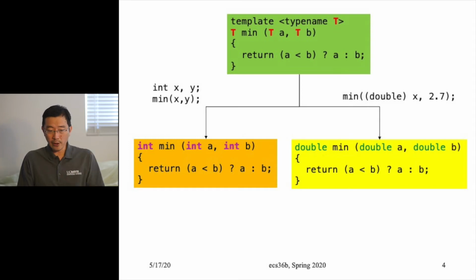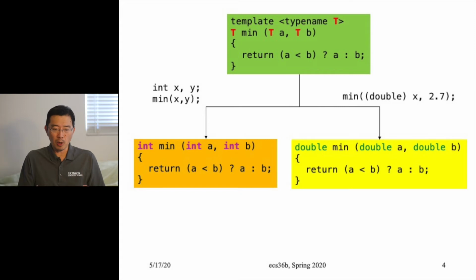Okay, so once you define the template, then you can start calling it. So calling the template is in the middle of the slide. I put it there. For example, assuming x, y are integers, on the left-hand side, you can just call min parenthesis x comma y.